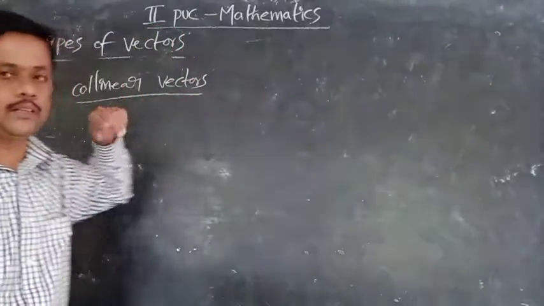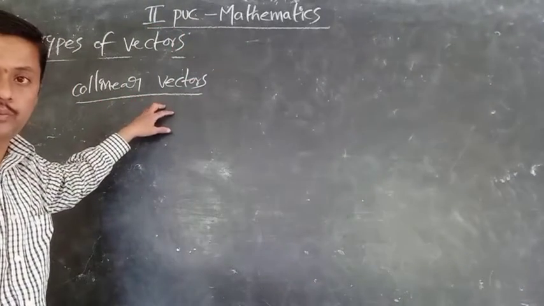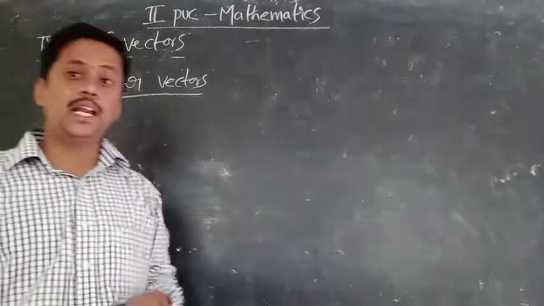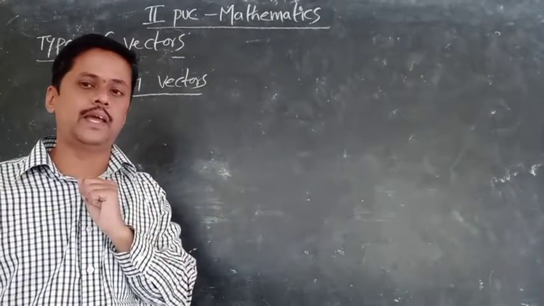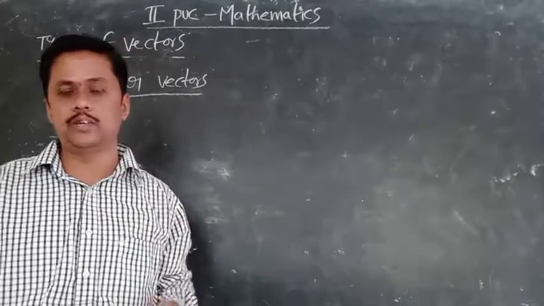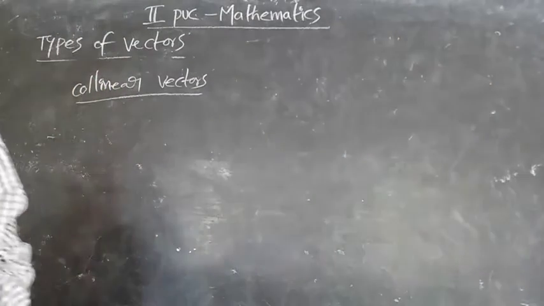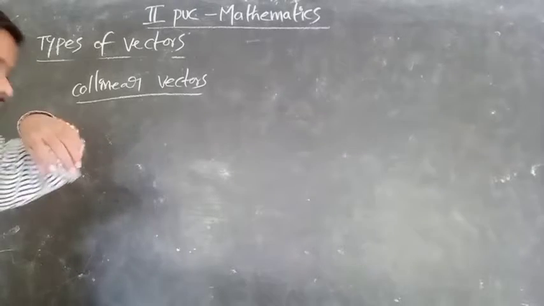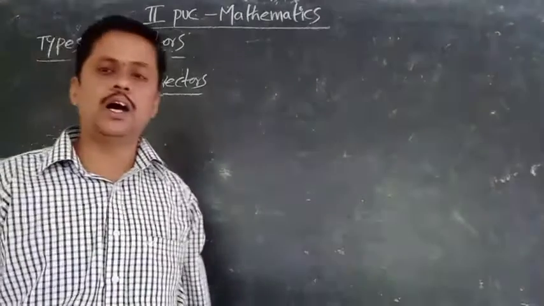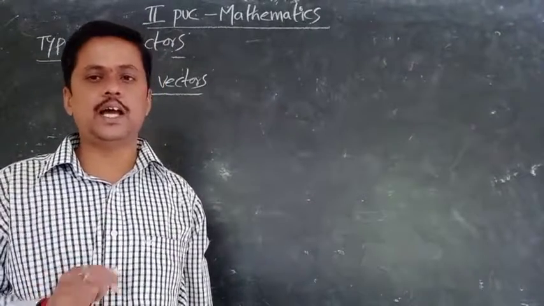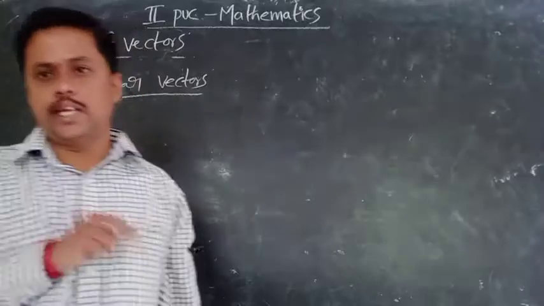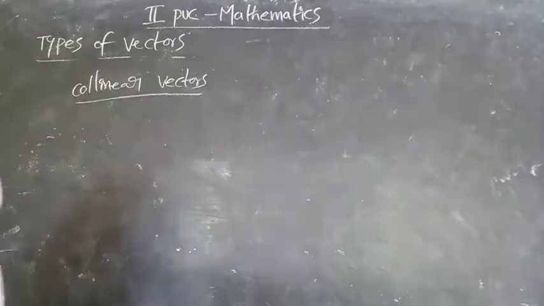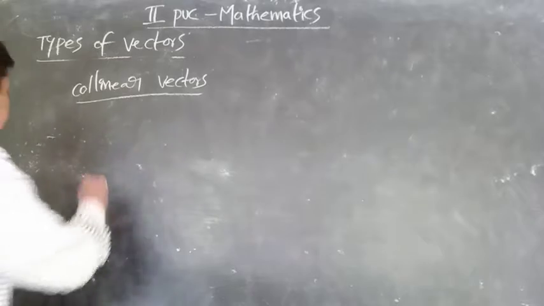Two or more vectors are said to be collinear if they are parallel to the same line, irrespective of magnitude and direction. These are called collinear vectors. This is also a very important definition.